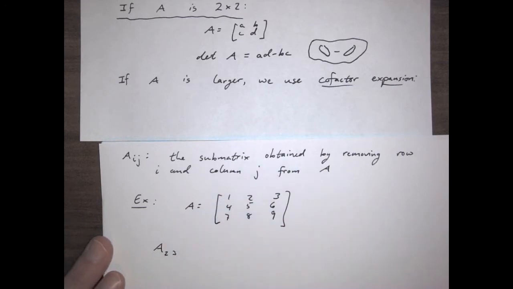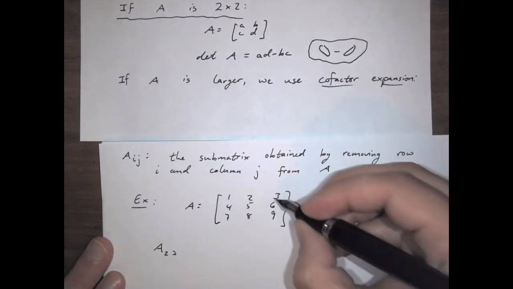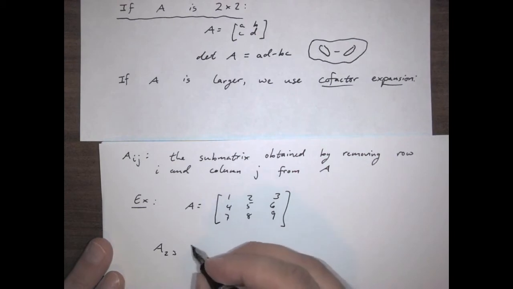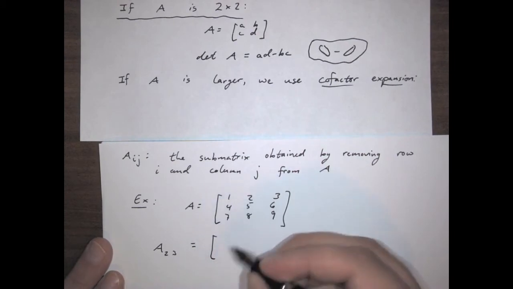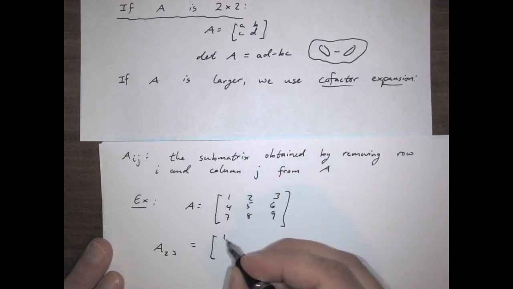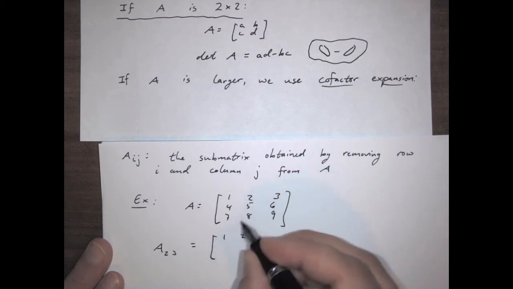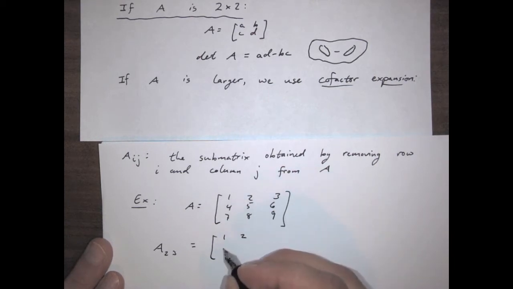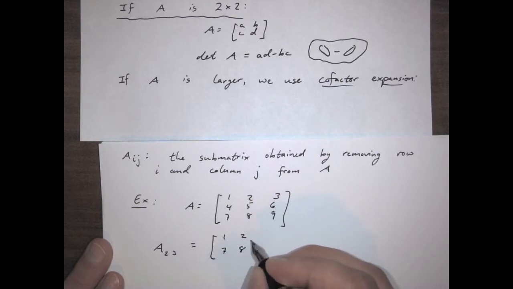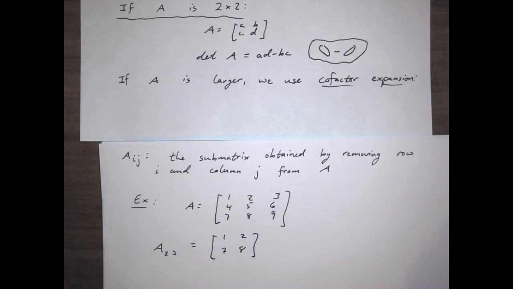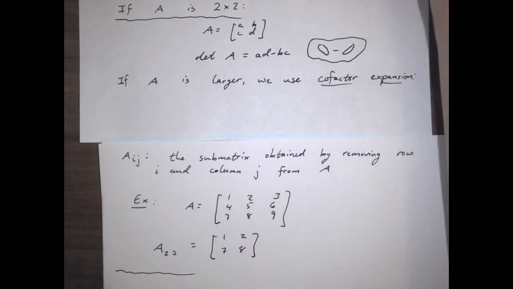That means remove row 2 and column 3. So then row 2 and column 3 are gone. Column 3 is gone, so that means 1, 2, nothing. Row 2 is gone, and then 7, 8. So that's the submatrix. It's an ingredient in cofactor expansion.